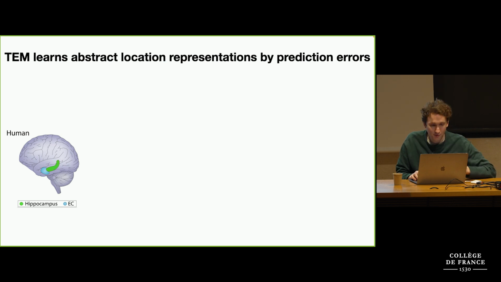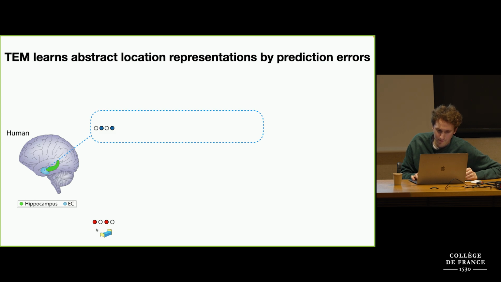Okay, so I'm just going to present a piece of work called TEM, or Tem. And that really tries to solve this puzzle. It tries to solve the puzzle of how do I learn cognitive maps using these sequences of observations, the sorts of observations that you see in the real world. Okay, so it takes in an input, and it has some belief of where I am right now.